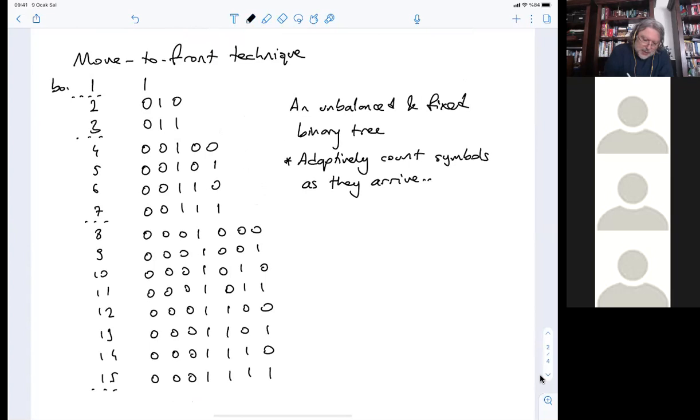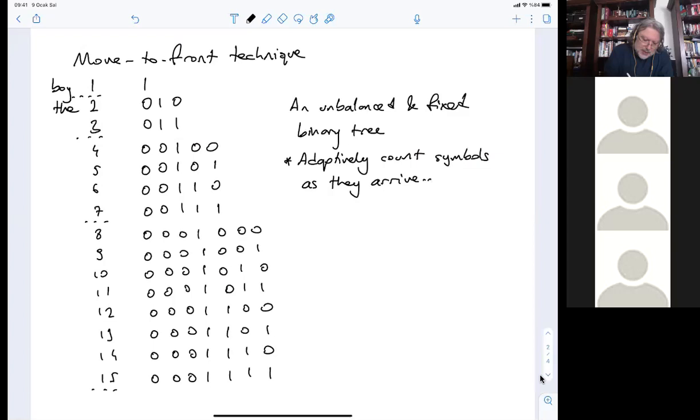Although their counts are the same, why did I do that? Because that's how the move-to-front technique works. For equal counts, the last one that arrives will be preferred to be at the top. So the count of "the" and the count of "boy" are the same, and since "boy" came later than "the", "boy" is at the top and "the" is pushed down.